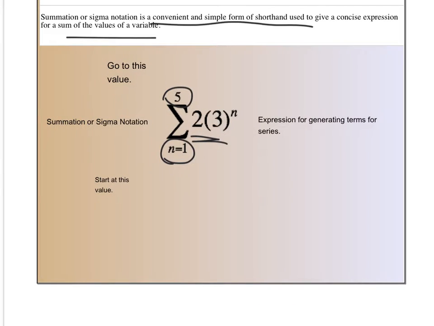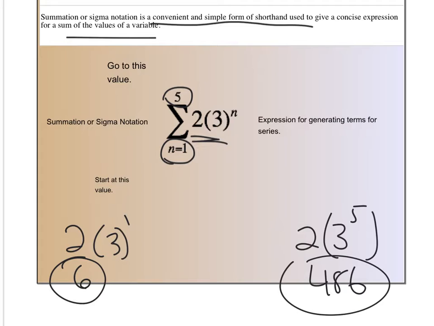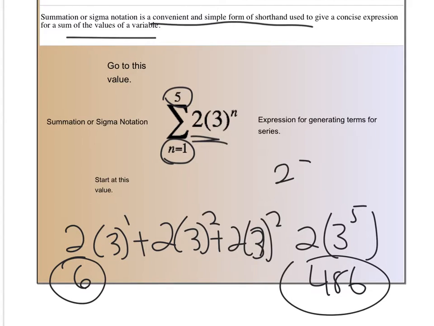So I would take 2 times 3 to the first, and that gives me 6. 2 times 3 to the 5th, and that's going to give me something big, 486. So that would be a geometric series, so that would be my first and my last. And then I would fill in with 2 times 3 squared, 2 times 3 cubed, and 2 times 3 to the 4th, and I would add all of those up.